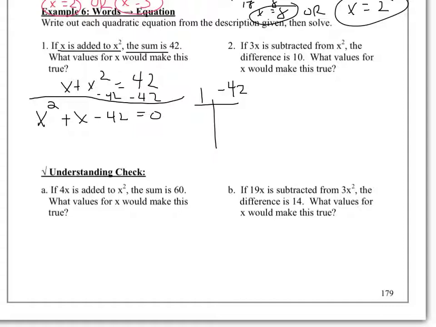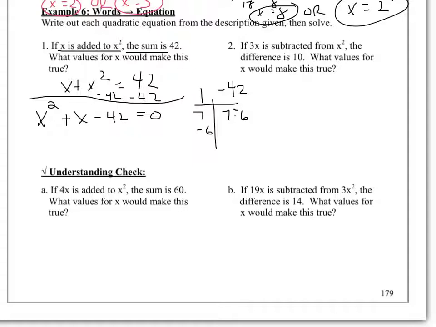Okay, so 7 times 6 is equal to 42. And one of them has to be negative. Okay, I want positive 1, so the 6 is going to be negative. So I have 7 plus negative 6 would give me 1.